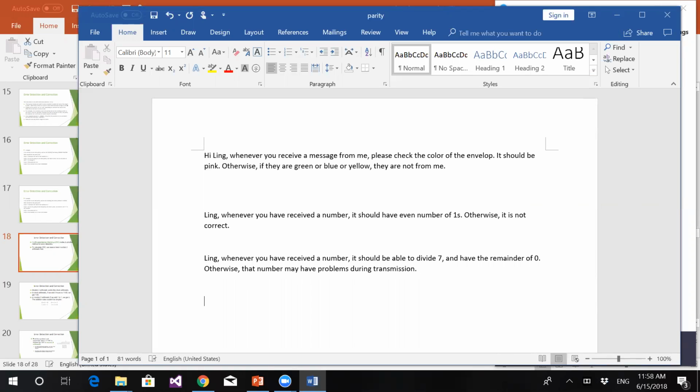In this case, when Lin received a number, for example, the other day, Lin has received a number 15. What is she going to do to check whether the number is right? She will divide the 15 by 7 and examine the remainder.